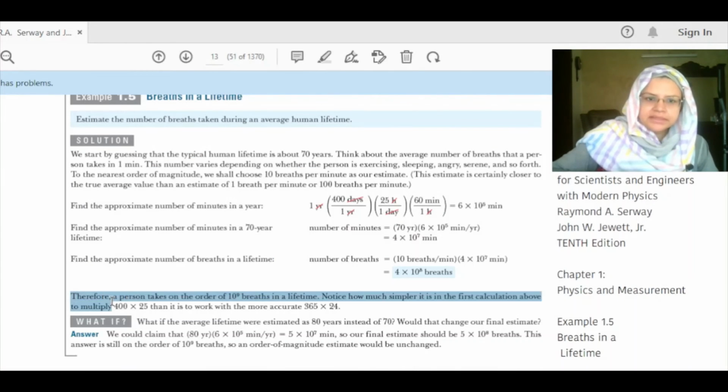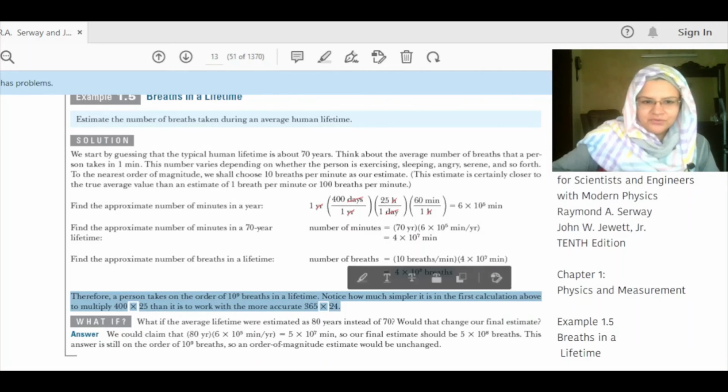Therefore, a person takes on the order of 10 raised to power 9 breaths in a lifetime. Notice how much simpler it is in the first calculation above to multiply 400 times 25 than it is to work with the more accurate 365 times 24.